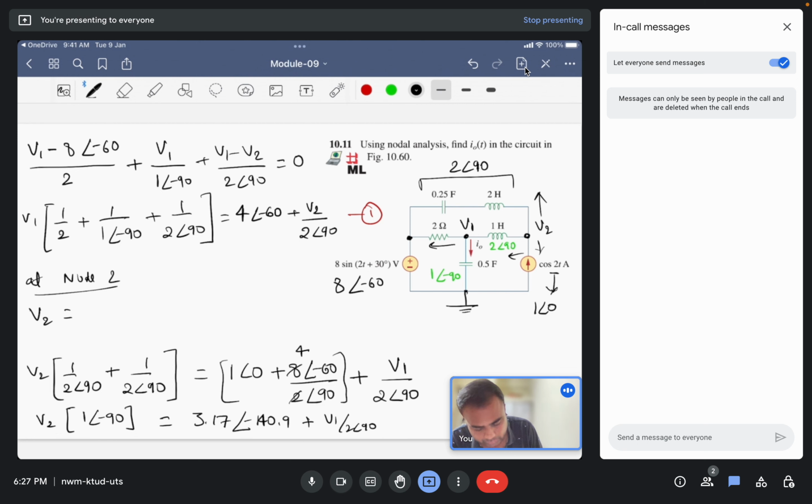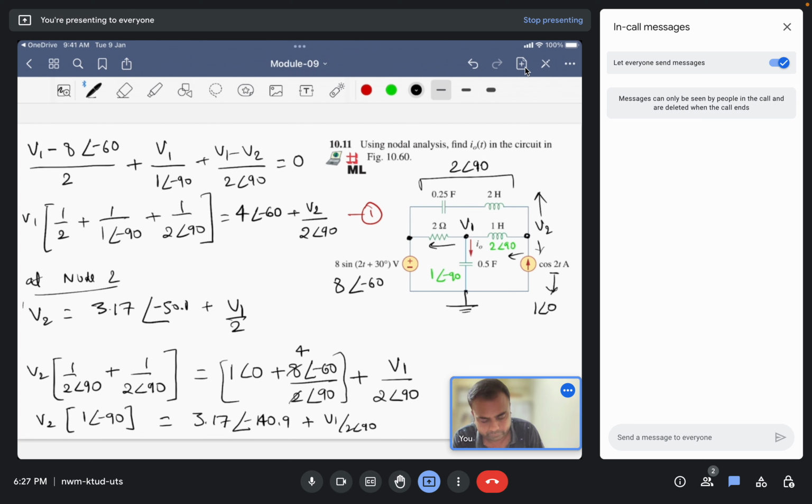So 3.17 will remain the same, and we'll have to add plus 90. So the angle will become 140.9 minus 90, so minus 50.1, plus again V1, the magnitude will be the same. In the denominator we have 2. So 90 and 90 will cancel out, so it will be by 2 only.